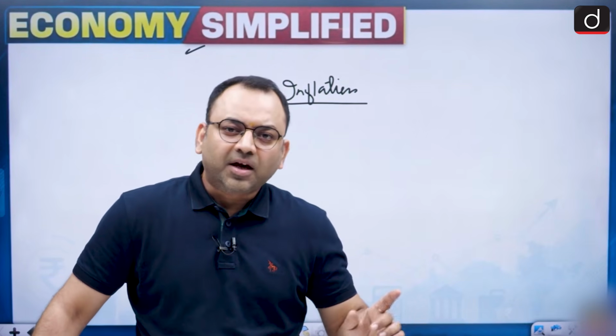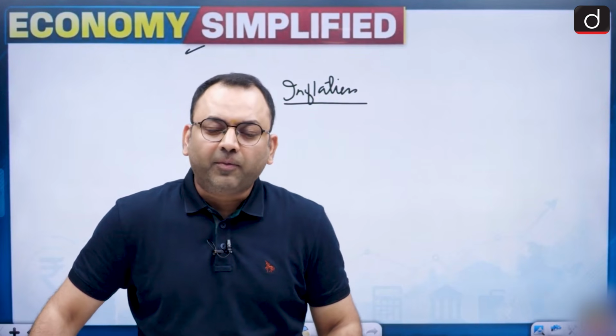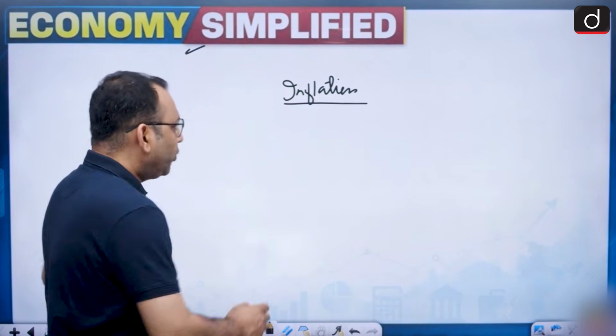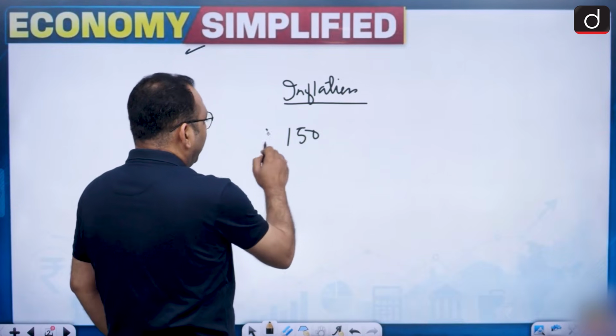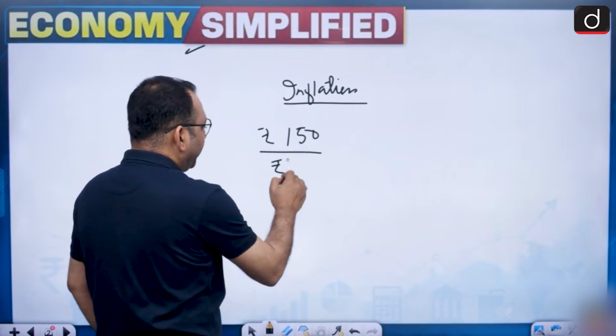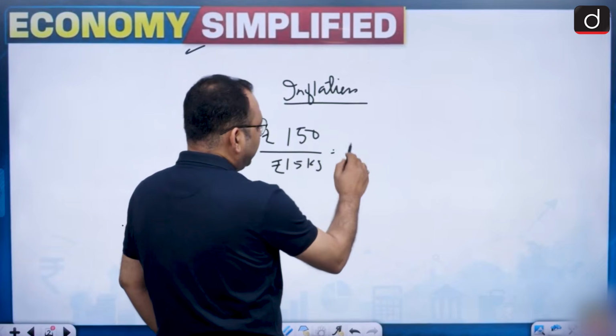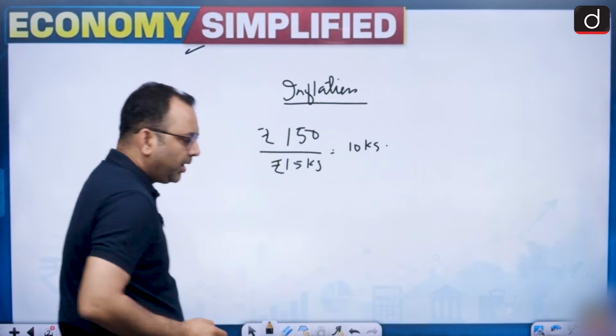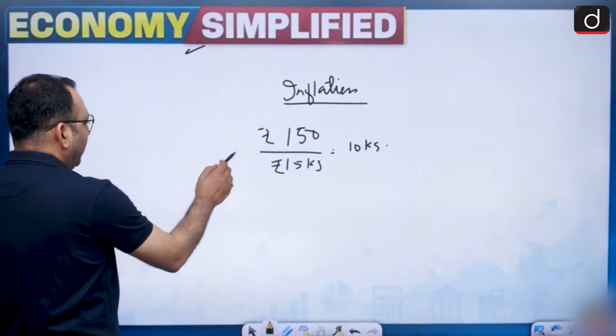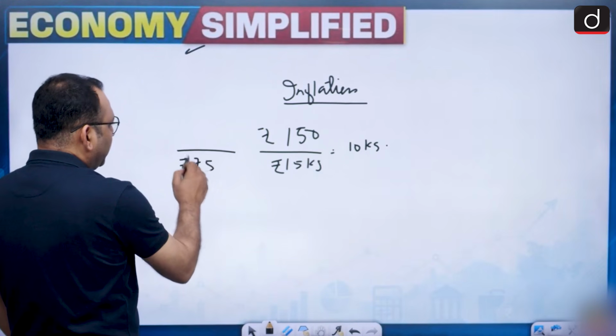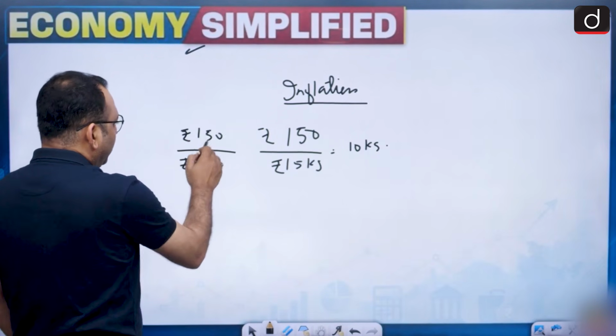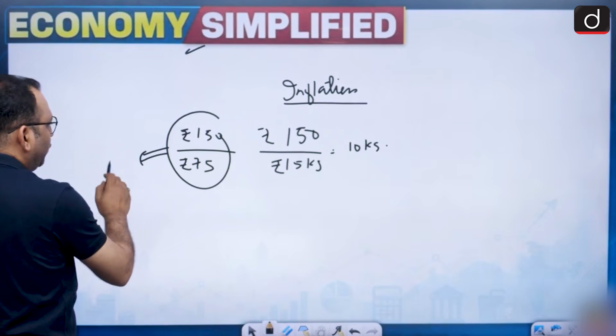In the past, at 15 rupees per kg, you could have bought 10 kgs of tomatoes. But now the same tomatoes come for 75 rupees, so with the same amount you are able to buy only 2 kgs.